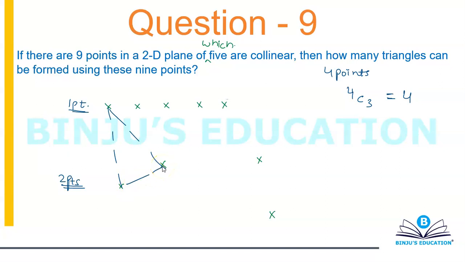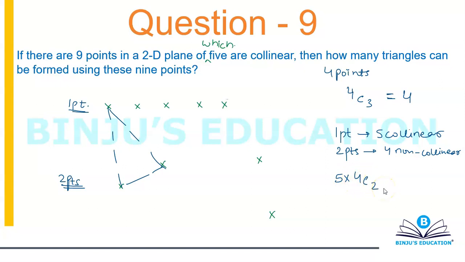This is going to give you a triangle. So I can choose one point from 5 collinear points, so that's like 5 cases. And 2 points from 4 non-collinear. So it will be 5 into 4C2.